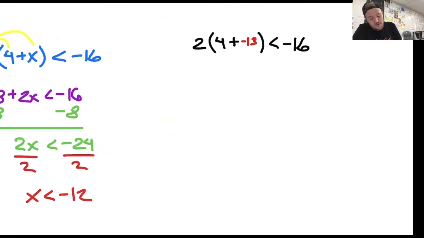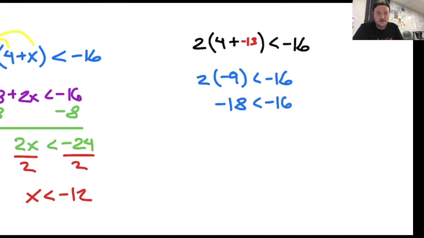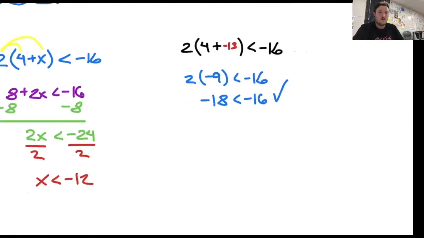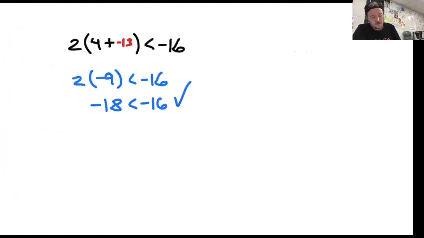All right, so now I'm going to check. So 4 and negative 13, when you add those together, you get 2 times negative 9. So 2 times negative 9 gives you negative 18. And negative 18 is less than negative 16, which means it works. So let's see what happens if I plug in negative 12.